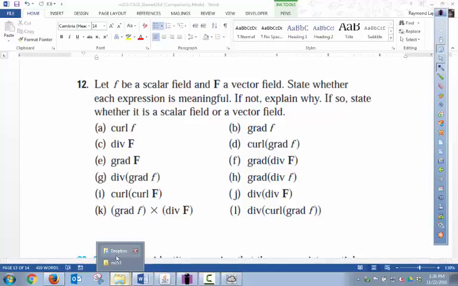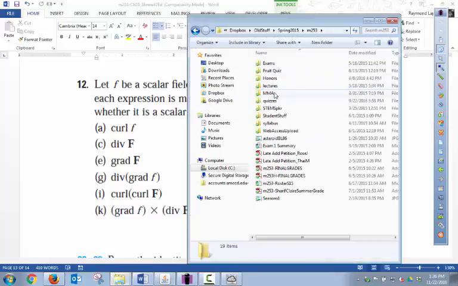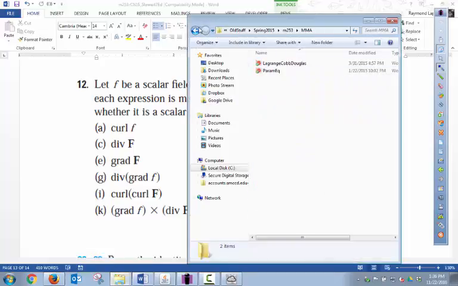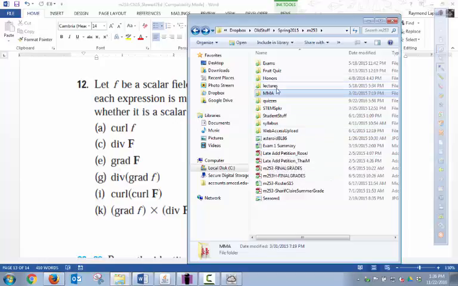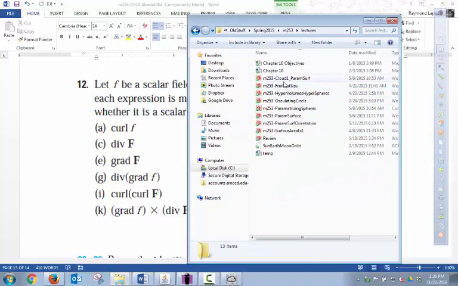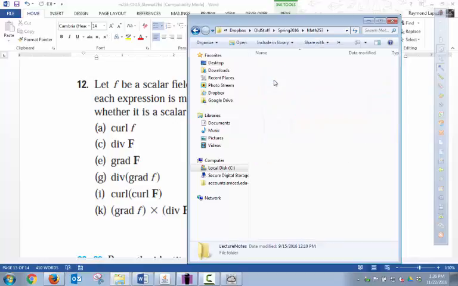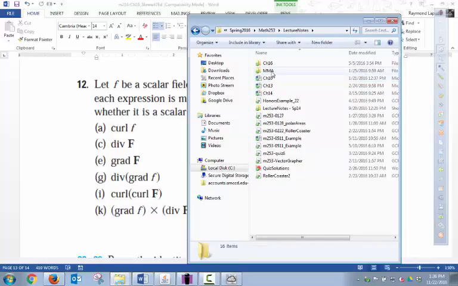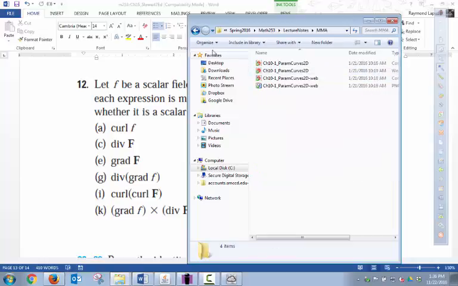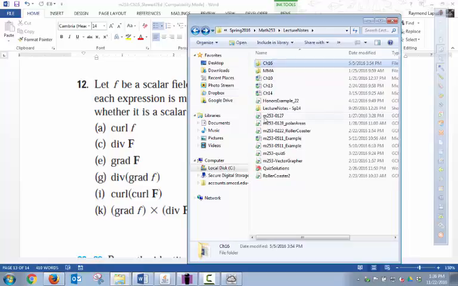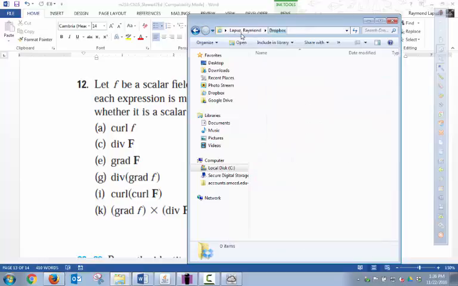All right, let me see if I can find my little Mathematica program. Lectures? Div curl? Anything? Nope. I'm in spring 2015, 2016. Turn notes. Div curl, nope. Where is it? All right, one more shot.